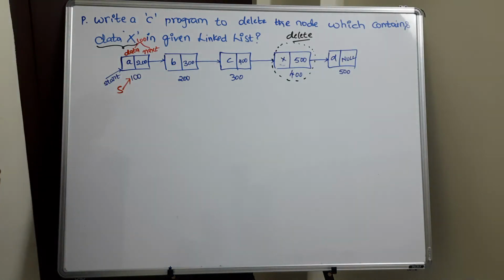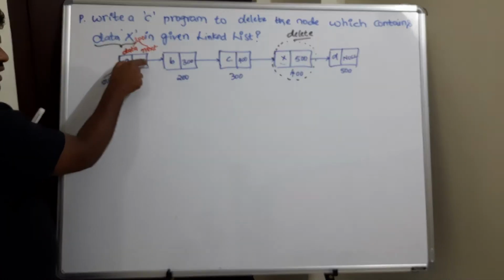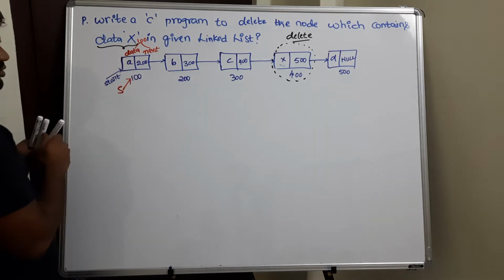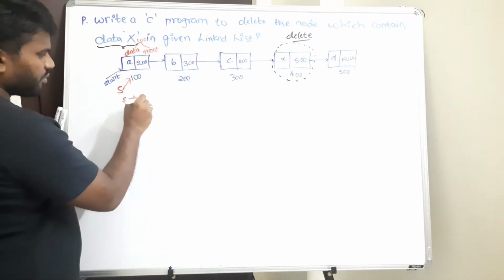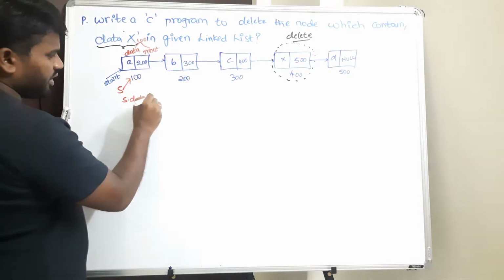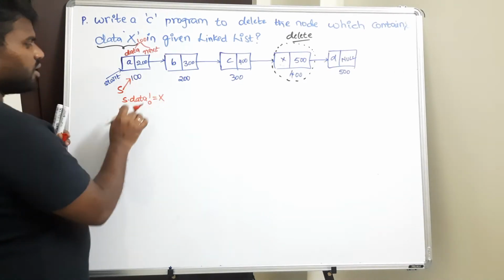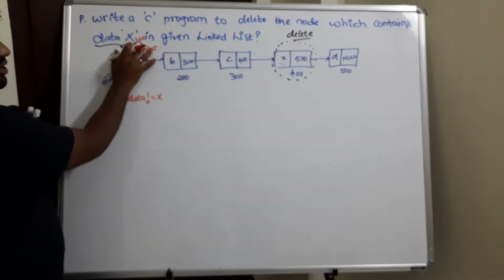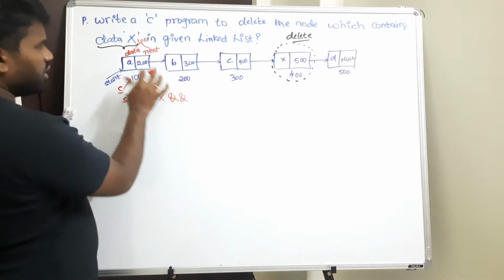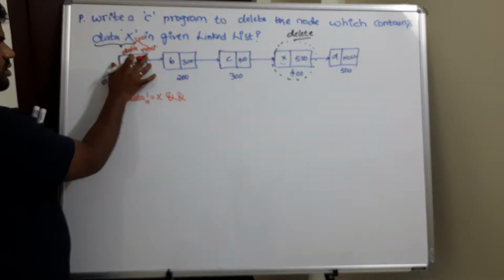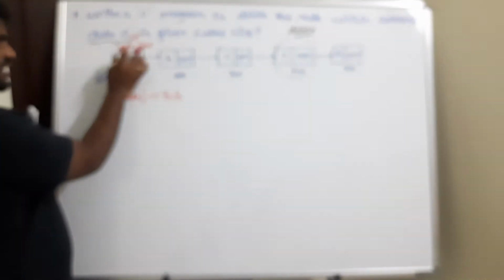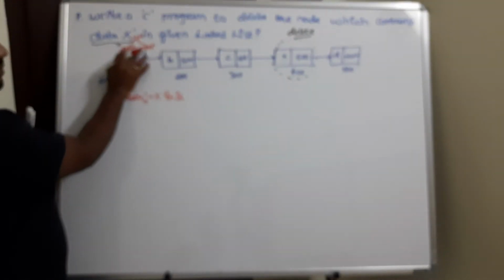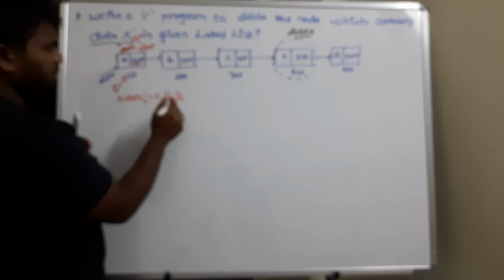So here we need to check this particular node's data, that is s dot data should not be equal to x, because if it is x, we'll delete this node. And it should not be null. If it is null, then we'll stop here because it's the last node.